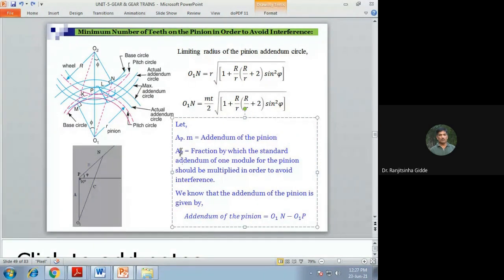Now what is this AP? AP is equal to the fraction by which the standard addendum of one module for the pinion should be multiplied in order to avoid the interference. That fraction may be 1, that fraction may be 1.2, right?